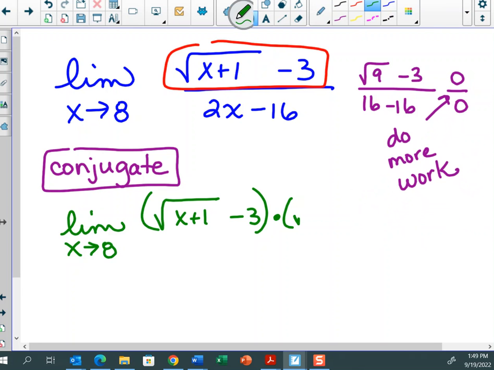And so the conjugate in this case is the square root of x plus 1 plus 3. Remember, if you have a minus b, a plus b would be its conjugate. Something minus something, the conjugate is the same two items, but with the addition sign.